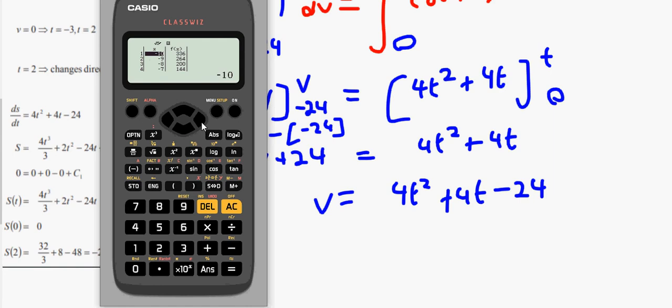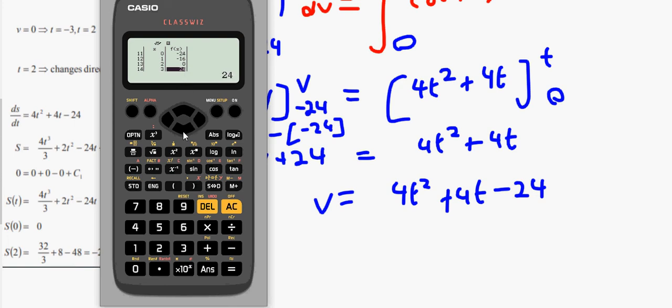Alright, it has a positive velocity. It's currently decelerating. And it hits 0 at minus 3. Minus 3 doesn't count because there's no such thing as negative time. Keep going. It starts at minus 24 and it hits 0 at 2.